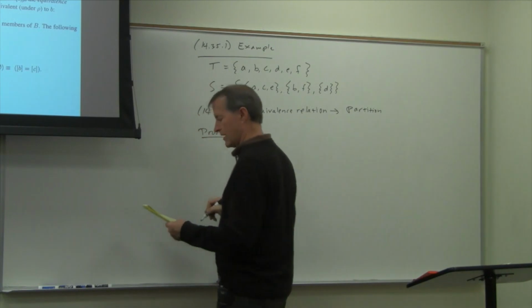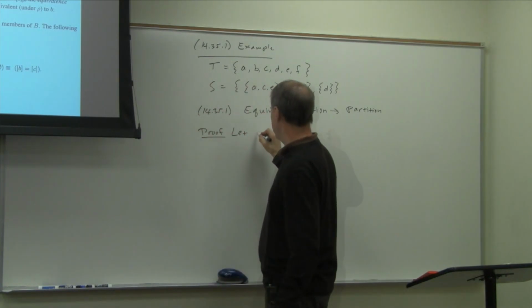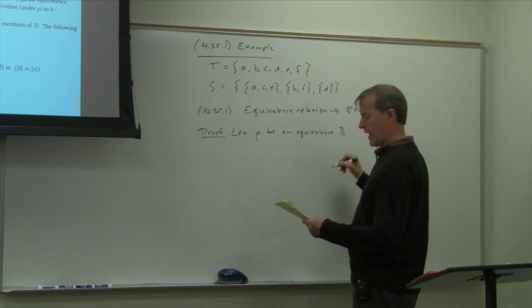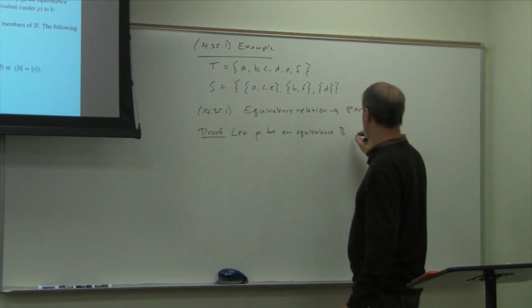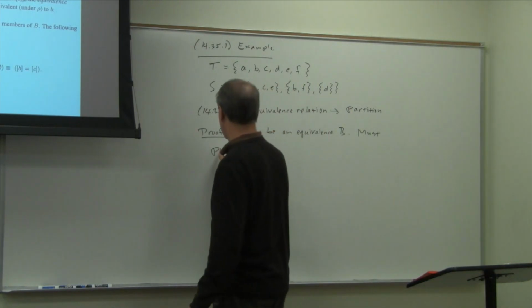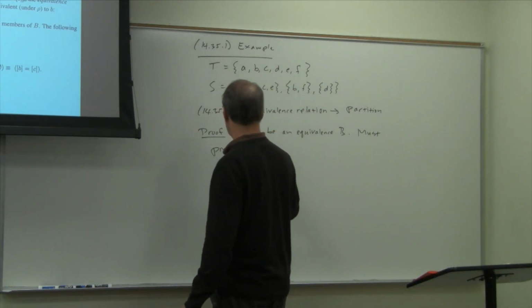So first of all, we say let rho be an equivalence relation on B. We must prove both properties of partition.